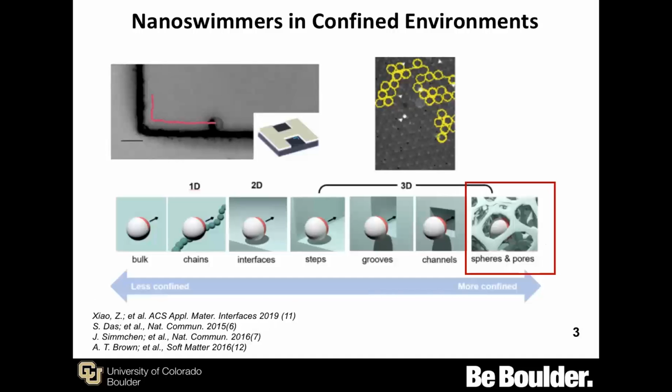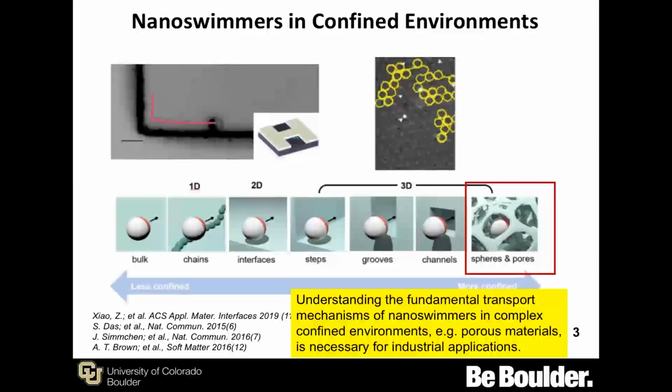How we understand their transport in this kind of super confined scenario, and how we quantitatively study this, is the key for us to push the nanomotors toward further applications, like industrial applications.